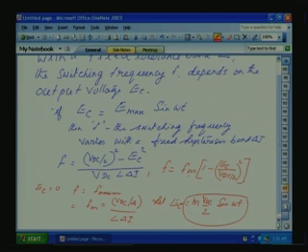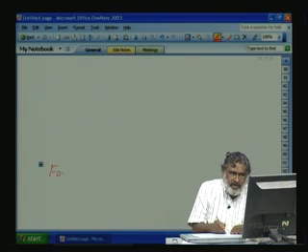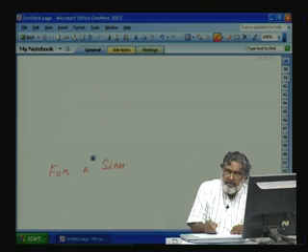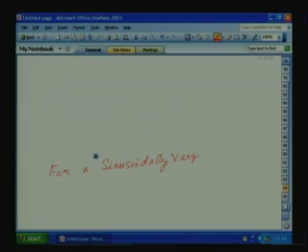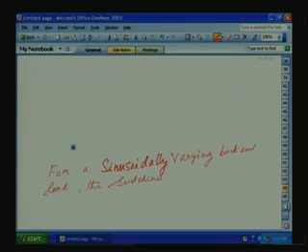So, what we found out is, for a sinusoidally varying back EMF load, the switching frequency varies for a fixed delta I. Delta I is the hysteresis band.